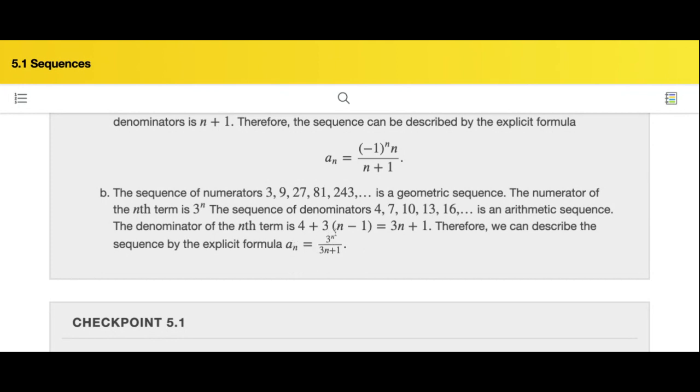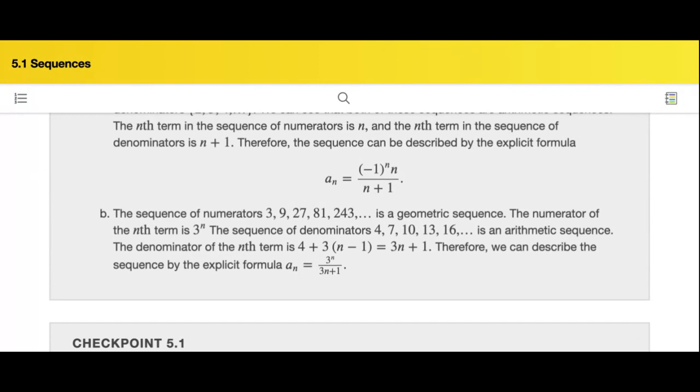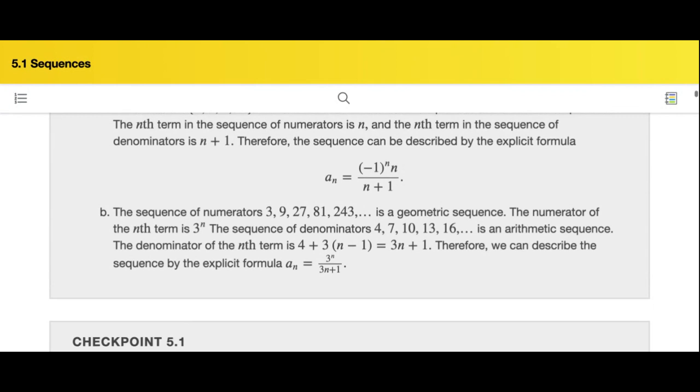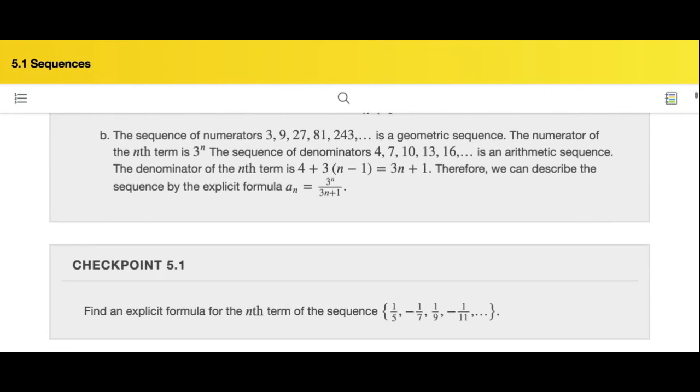So we have this term, an exponential function divided by a polynomial function, right? So this is the nth term. Now we can see the advantage of using sequences instead of using functions. Any questions? Okay, let's keep moving.